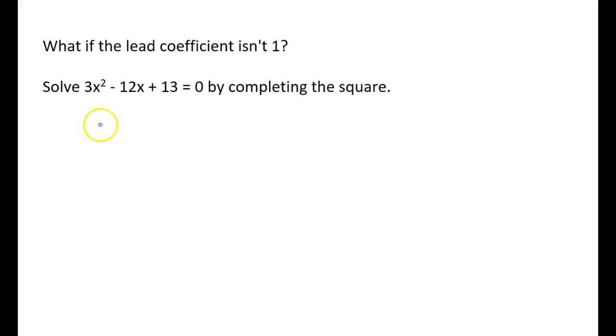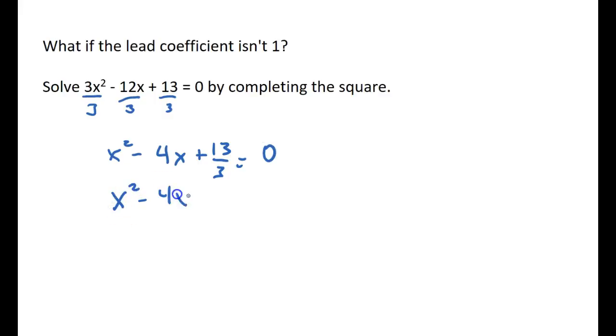Well, we just make it 1 by dividing everything by the lead coefficient. So I get 1x squared minus 4x plus 13 thirds equals 0. And we just proceed like normal. So I have x squared minus 4x. I'm going to subtract that constant.